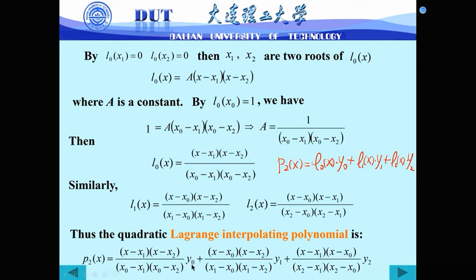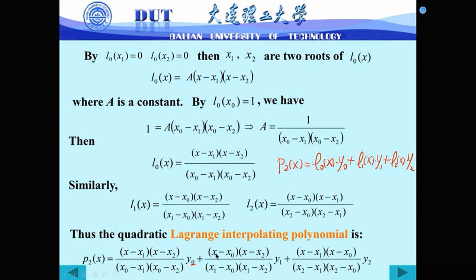Now you see, this index is 0, then this is L0. What is L0? Again, the rule. The numerator is factors with x minus other nodes. So here 0, other nodes x1 and x2. Then replace x by x0 to obtain the denominator. Okay? And for y1, the numerator is x minus other nodes x0, x2, right?